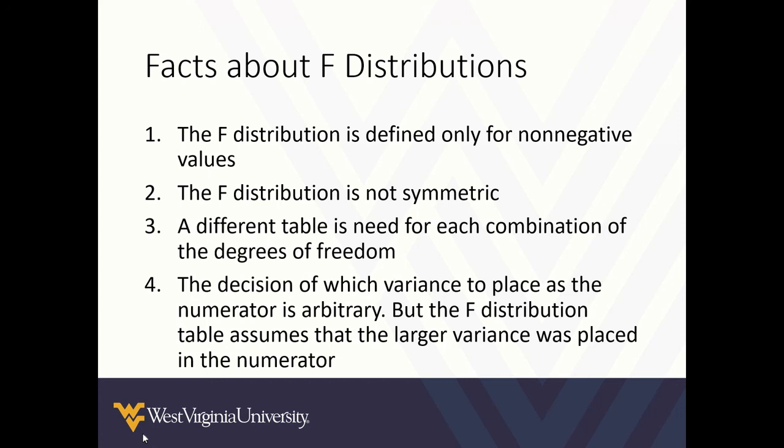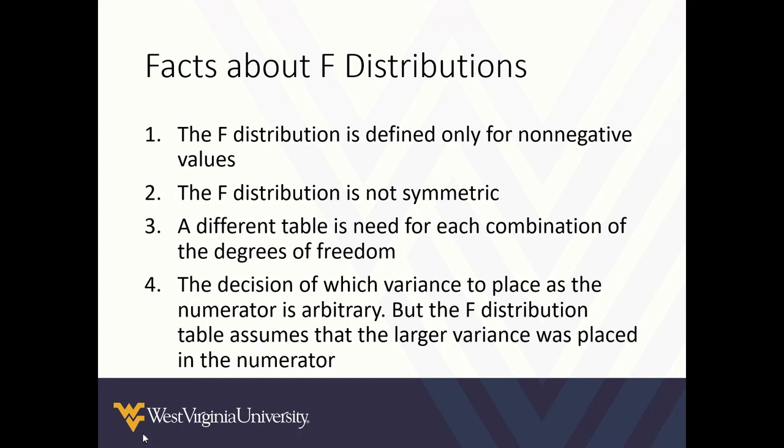If you recall, when we are looking at variances and standard deviations, only one of those is non-negative, and that's the one we consider in this case. The F distribution is not symmetric, and a different table is needed for each combination of degrees of freedom and also what kind of significance level we're considering.